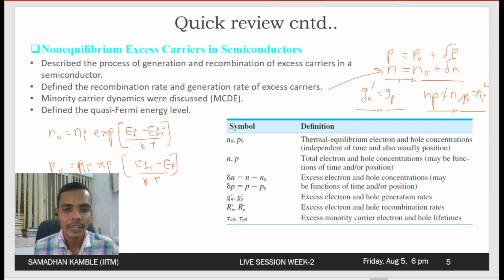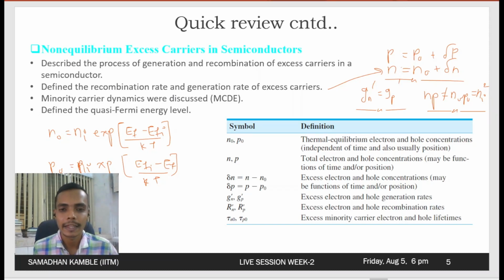Now, if excess carriers are created in the semiconductor, as we saw in the non-equilibrium condition, we are no longer in thermal equilibrium and the Fermi energy is strictly no longer defined. However, we may define a quasi-Fermi level for electrons and a quasi-Fermi level for holes that apply for the non-equilibrium condition.